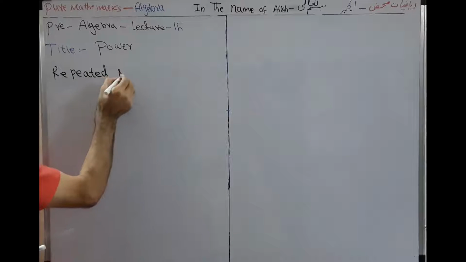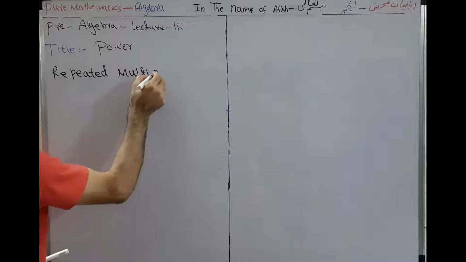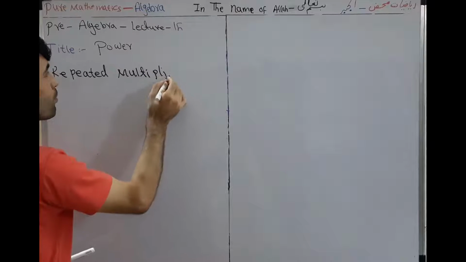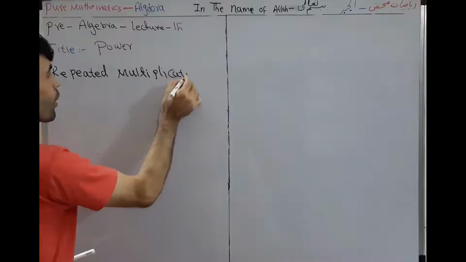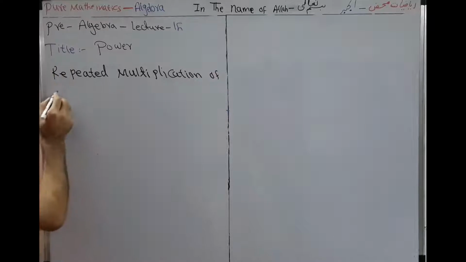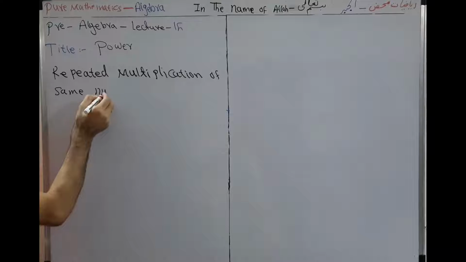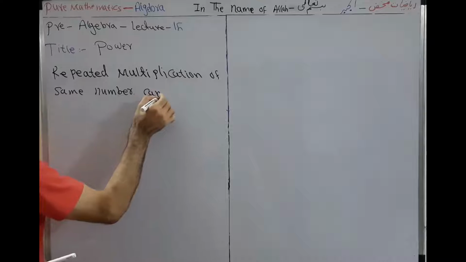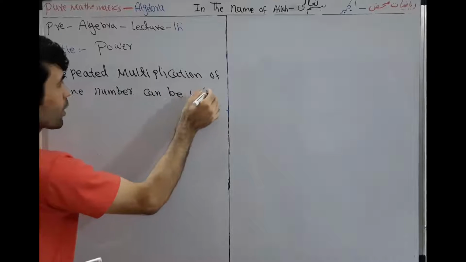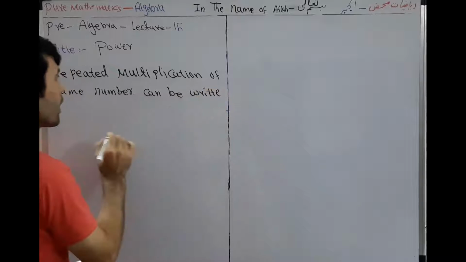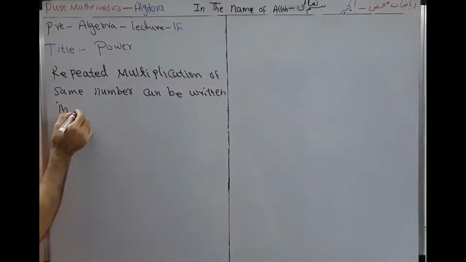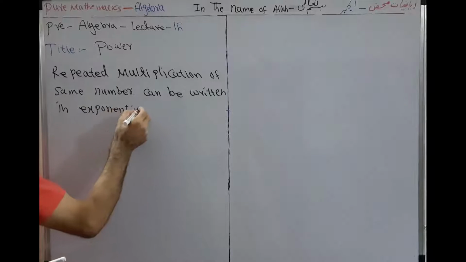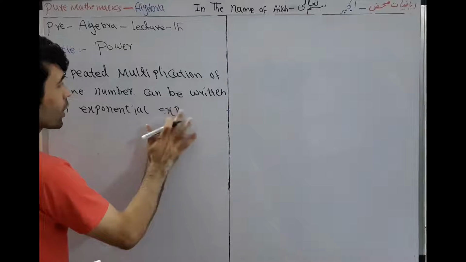Repeated multiplication of the same number can be written in exponential form.